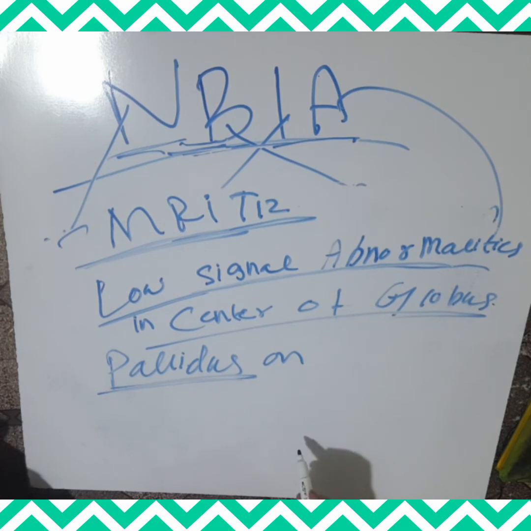These low signal abnormalities are seen on the T2 MRI in the center of the globus pallidus due to the iron accumulation.